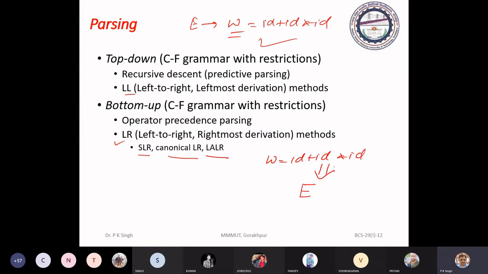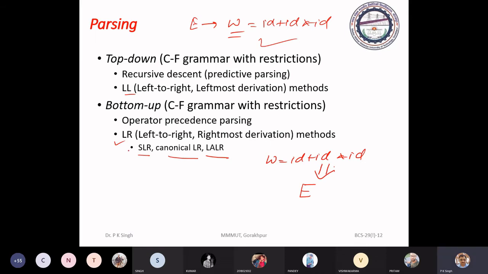And here LR means again scanning of the input string, meaning the sequence of tokens, from left to right, but for rightmost derivation. Actually, you will see it produces rightmost derivation in reverse order.